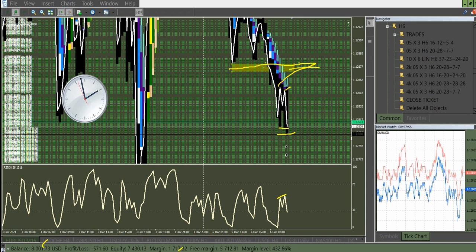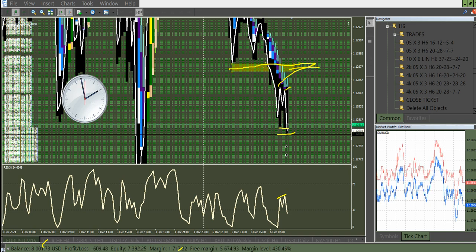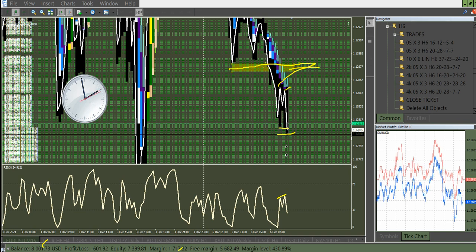I think I'll buy some at the market. So my real money, I'm going to buy at the market. This demo account, I'm going to trade at the proper limit strategy.